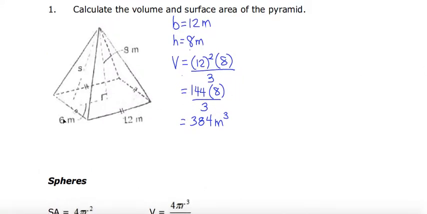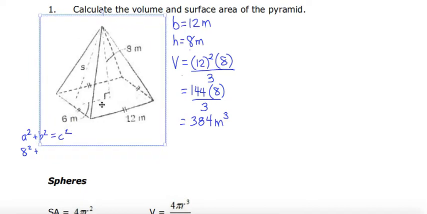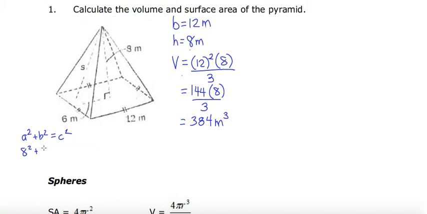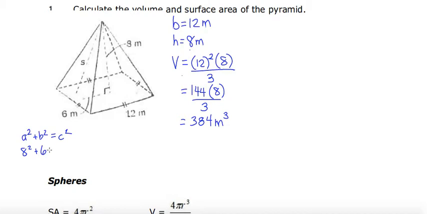Remember, the formula for the Pythagorean theorem is a squared plus b squared equals c squared. Our a squared is the height of our pyramid, so that's 8 squared. Our base for our Pythagorean theorem is 6 meters, so that's 6 squared.